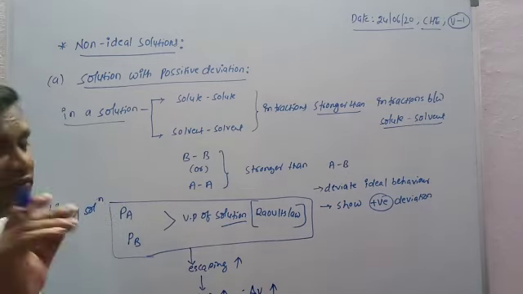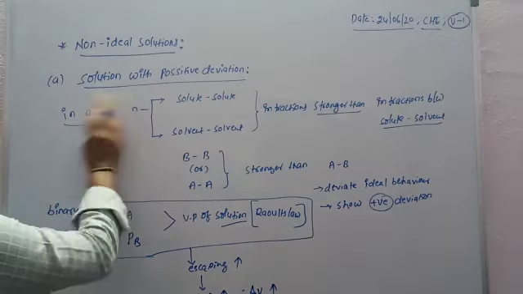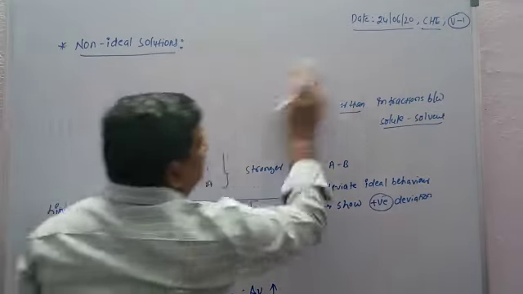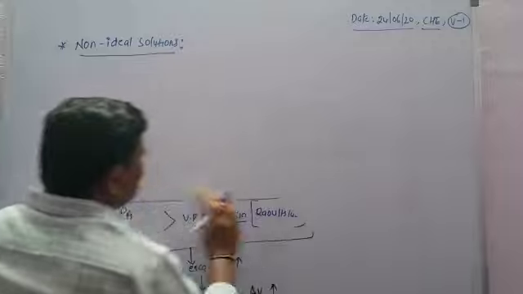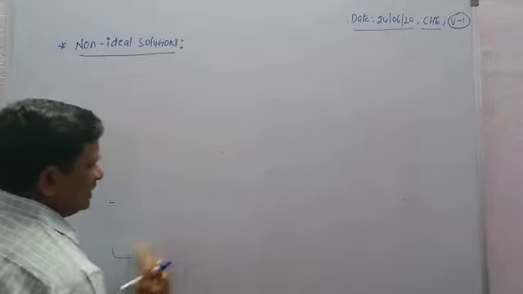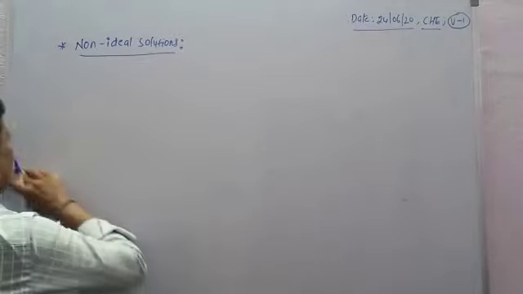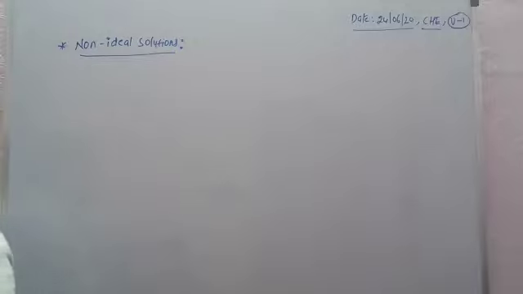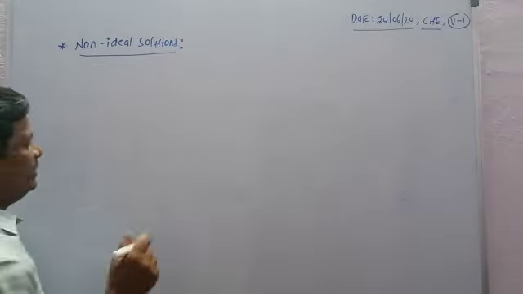Now it is explained with one suitable example. Let us consider ethanol. What is the best example of positive deviation of non-ideal solutions?